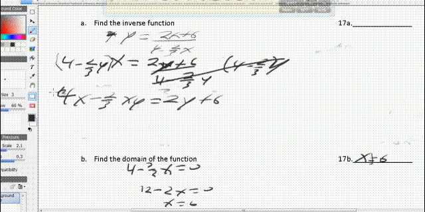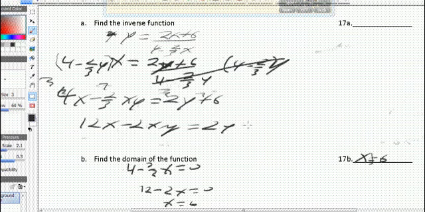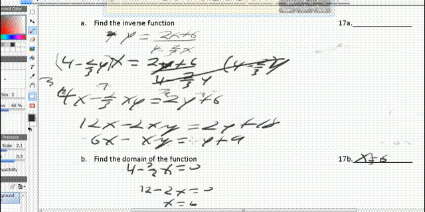When you give everybody a 3, that should become 12x minus 2xy equals 2y plus 18. Divide everything by 2, I get 6x minus xy equals y plus 9, right? That means now everybody with a y is going to go over there.